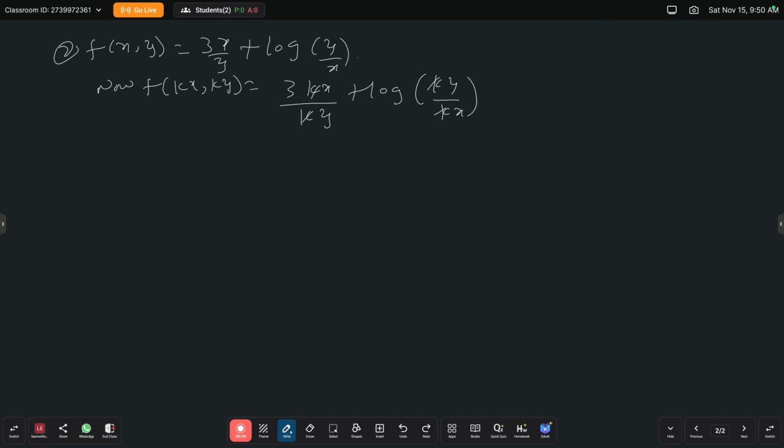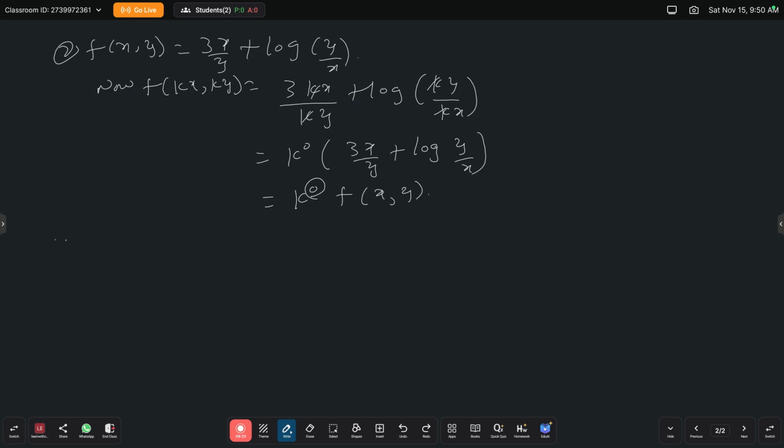So k will be cancelled, therefore k power of 0 into 3x by y plus log y by x. So k power of 0 into the given function f of x comma y.